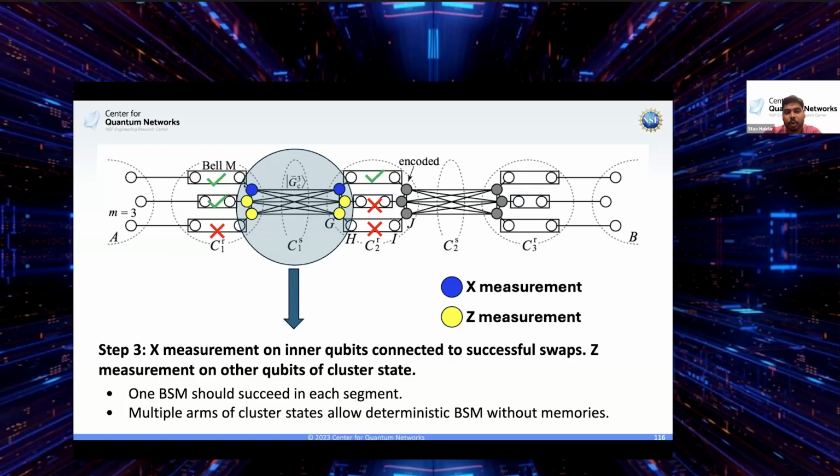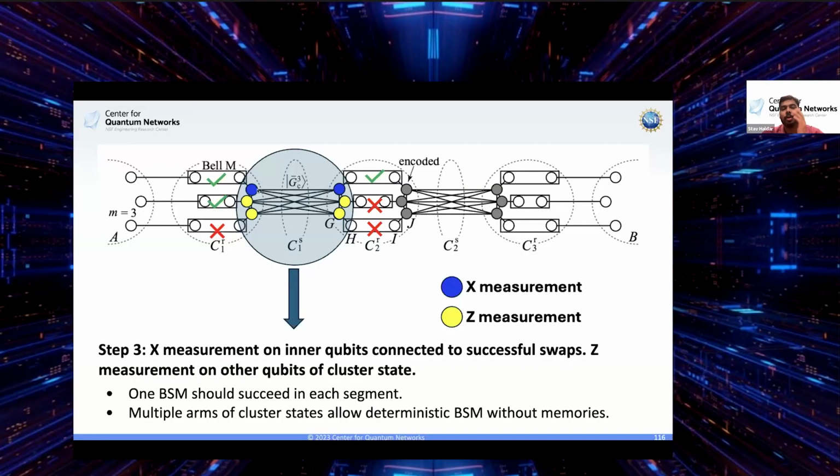For example, this blue inner qubit is connected to a successful Bell measurement on the left, and this blue qubit is also connected to a successful Bell measurement on the right. But for example, this yellow qubit is connected both with an unsuccessful Bell measurement on the left and an unsuccessful one on the right.